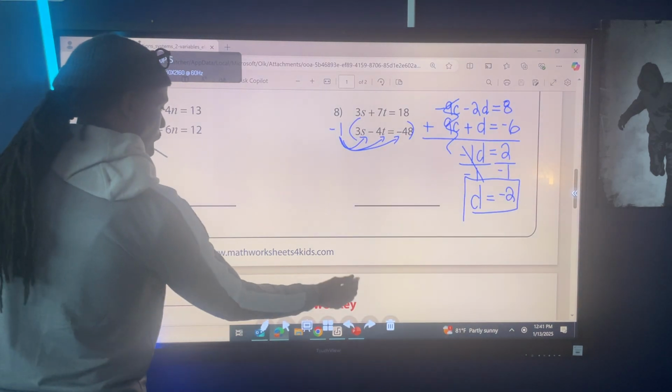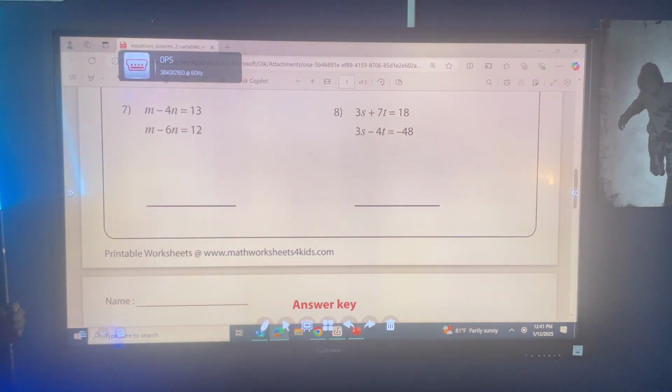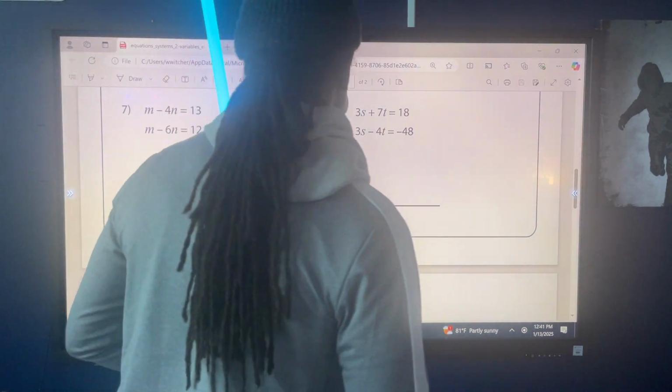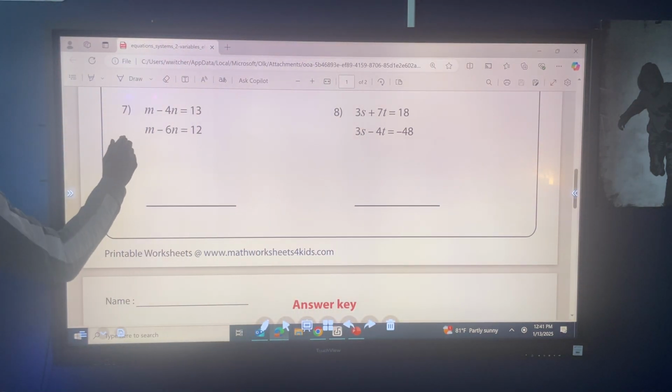Last 2. Who wants it? I got it. Both. Multiply the bottom by negative 1. Okay. Let's go.